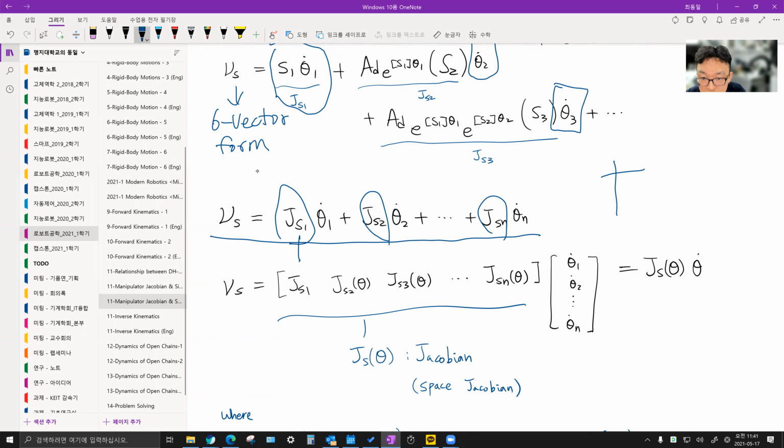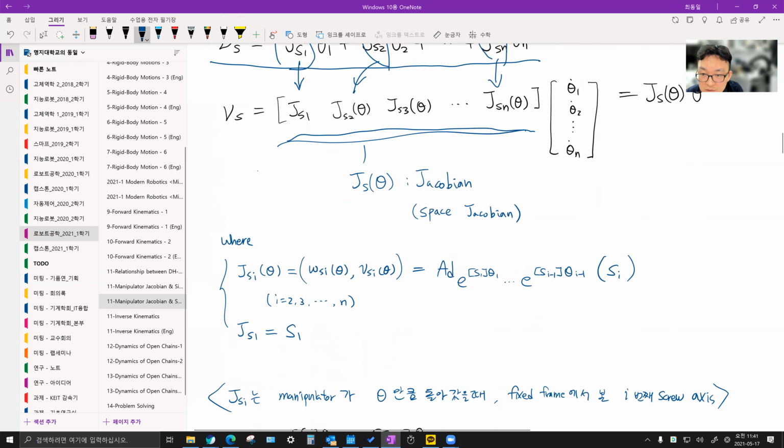So this becomes the first column of the Jacobian, this becomes the second column, and this becomes the nth column of the Jacobian matrix. So as a result, we can get the general expression of the space Jacobian.